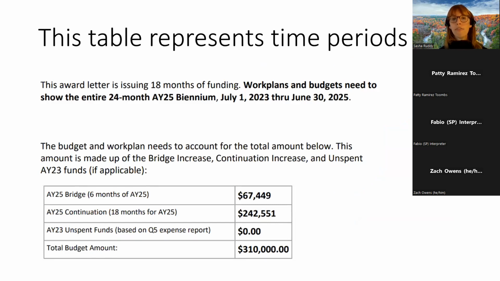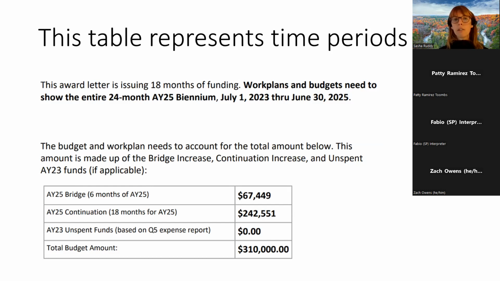So we heard some feedback that this table in your award letter was kind of confusing, which is why we're talking about this today. So this award letter is issuing 18 months of funding. So work plans and budgets need to show the entire 24-month AY 2025 biennium, starting July 1st all the way through June 30th.